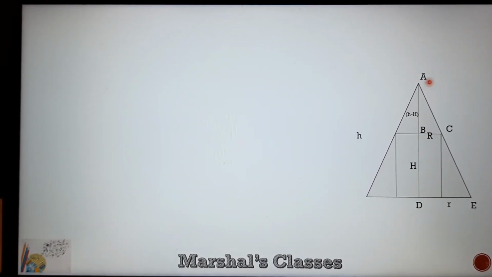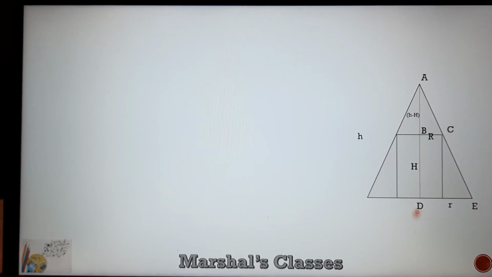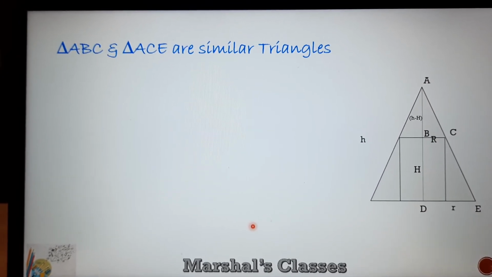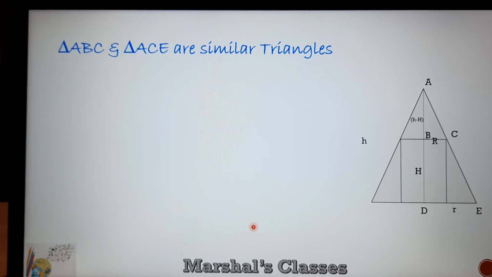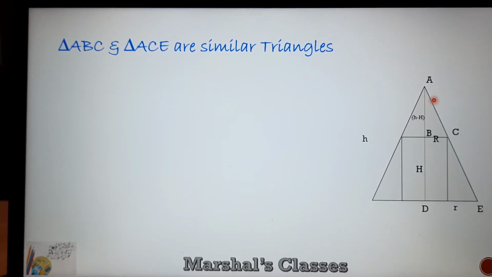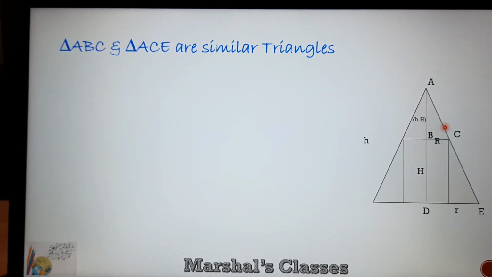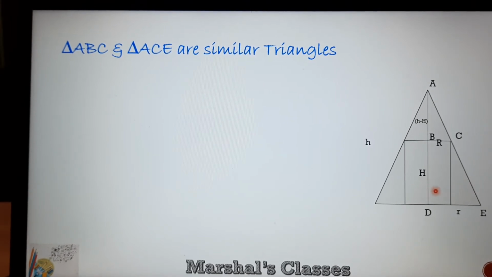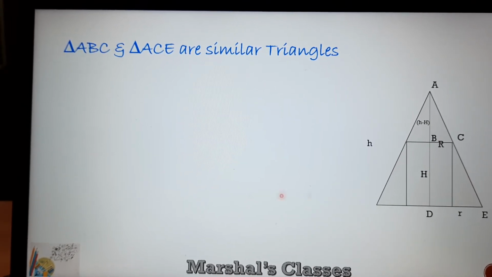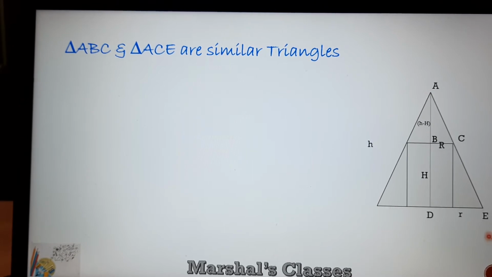So we have two triangles getting formed here, ABC and ADE, which are similar triangles because they have a common angle at BAC, and also they are both 90 degrees, and angle ACB is also equal to angle AED.